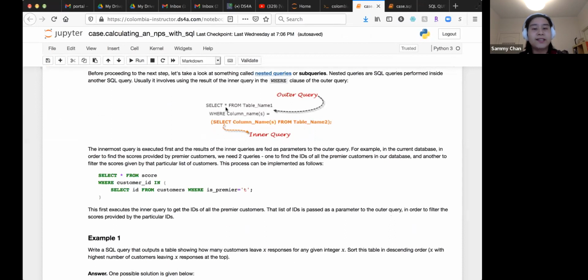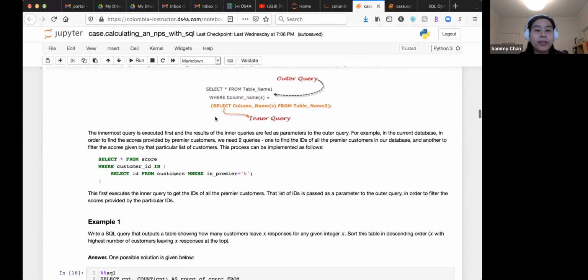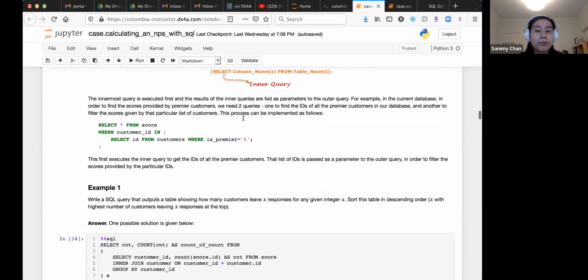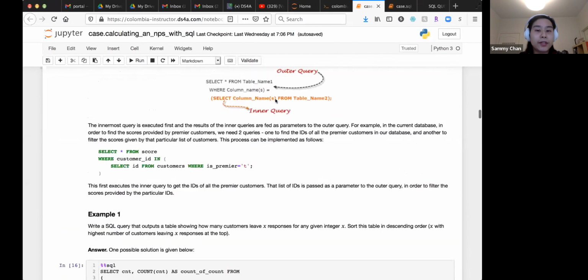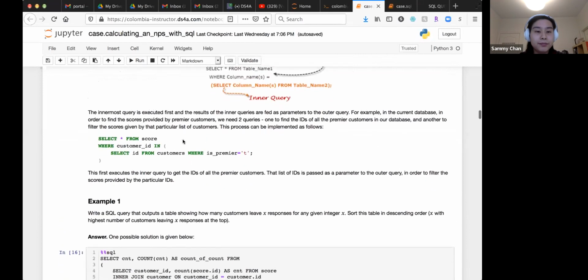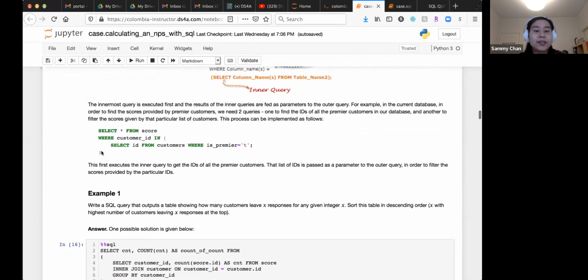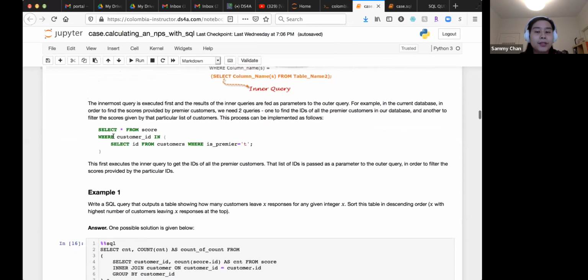So what we needed to do is utilize nested queries or subqueries, which we just learned in the previous case. Here we have the outer query and the inner query, or what we call the subquery. SQL always executes the inner query first, and then executes the outer query.